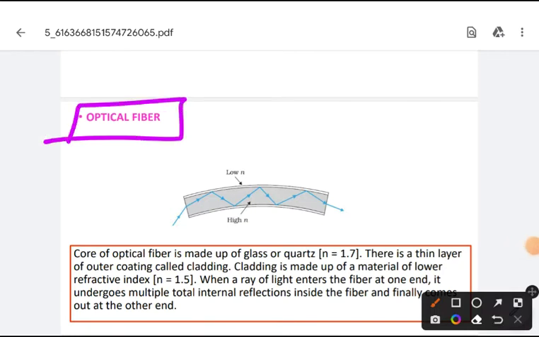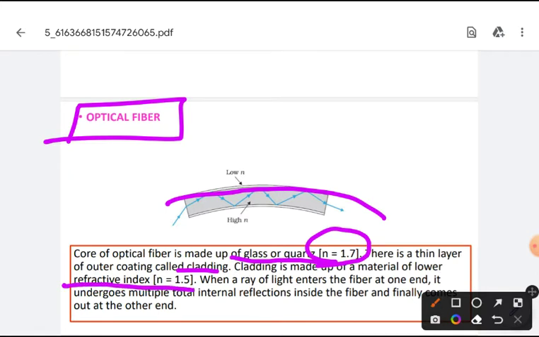Optical fiber. The core of optical fiber is made up of glass or quartz, n is equal to 1.7.